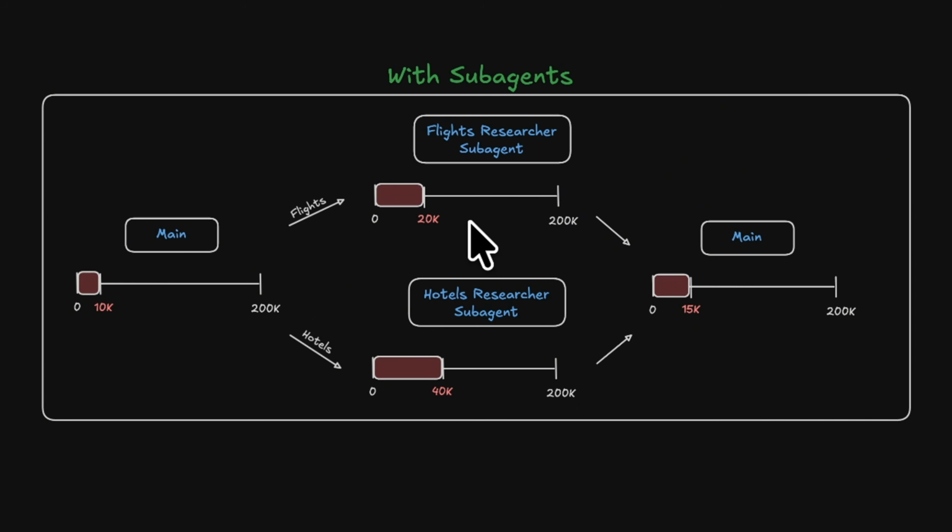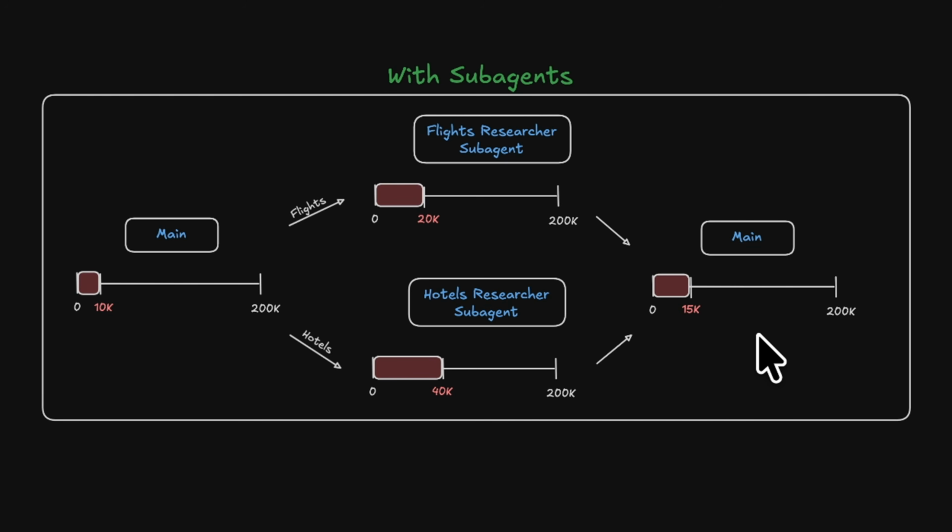Because each one has its own context, they're not going to pollute our main conversation. They're going to work on the task independently, and after they complete the task, they're going to come to the main session with the results, and the main session is going to have the output only and is ready for more tasks. Now you can imagine what happens when you execute 5, 10, or 20 subagents in parallel.